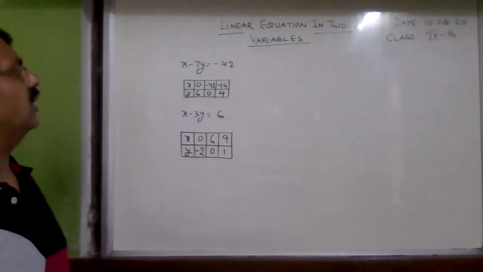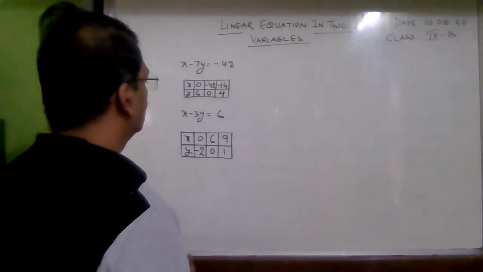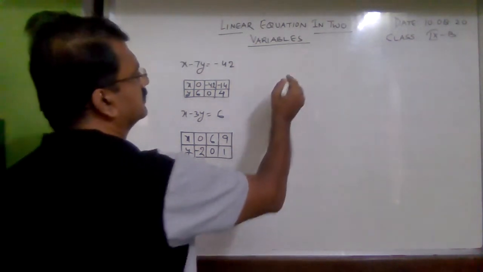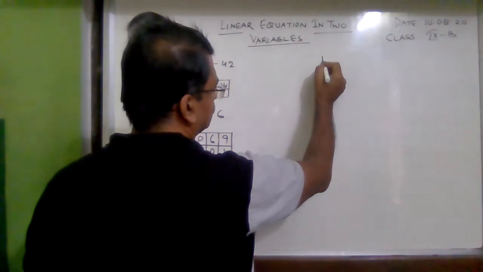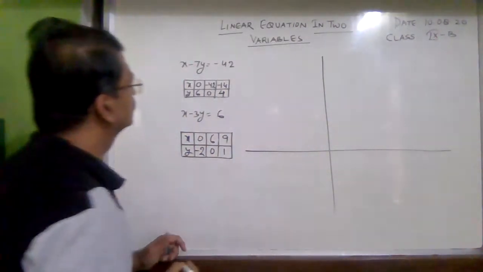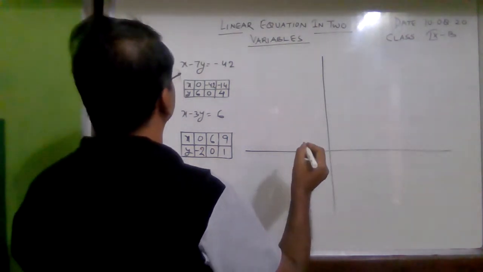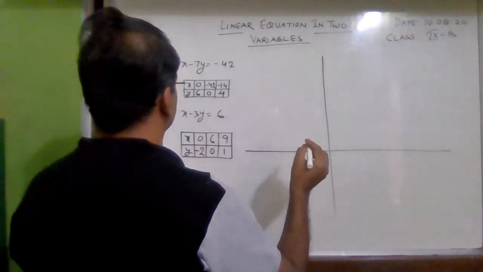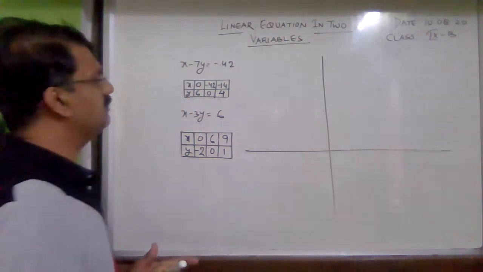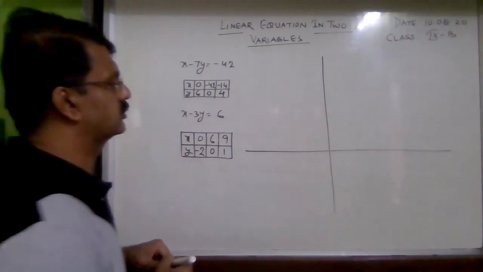Now we have to draw the graph. The maximum value of y that we need is 6 and the minimum value is minus 2.